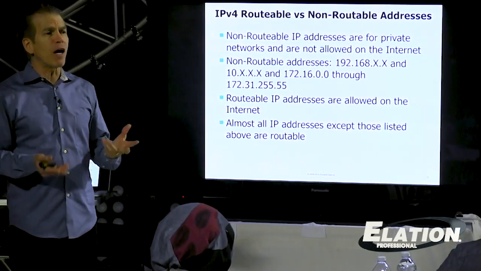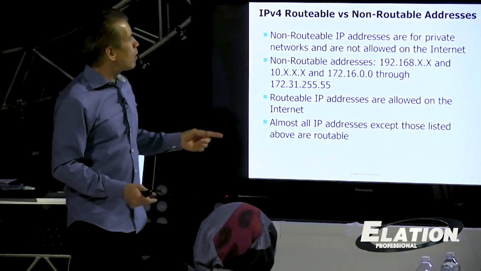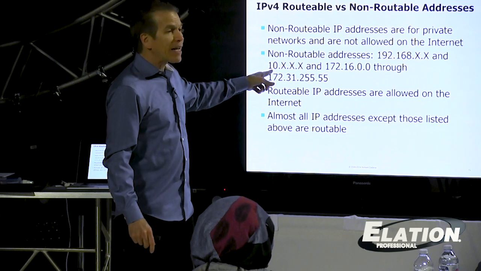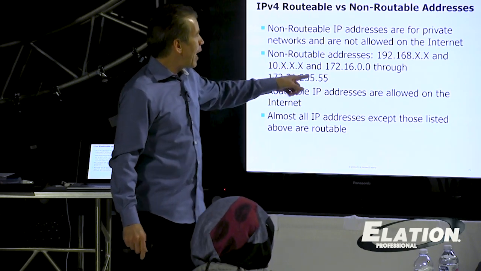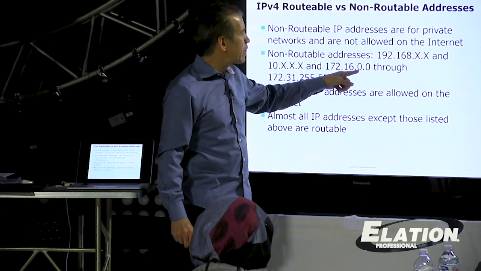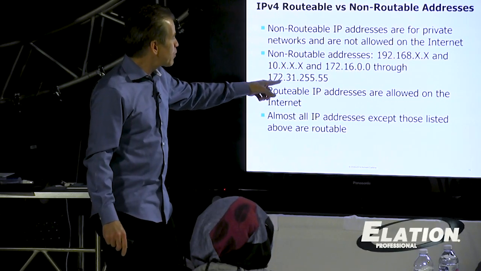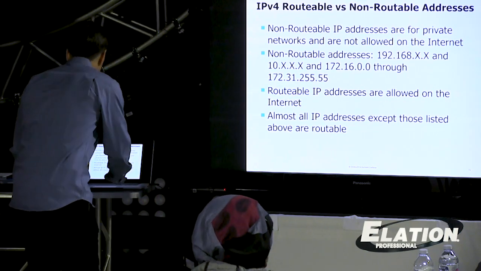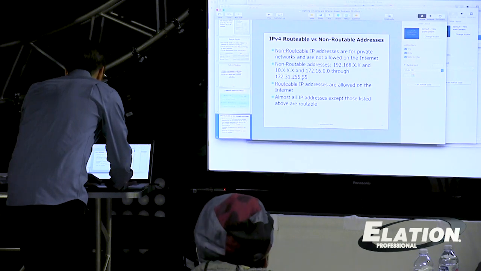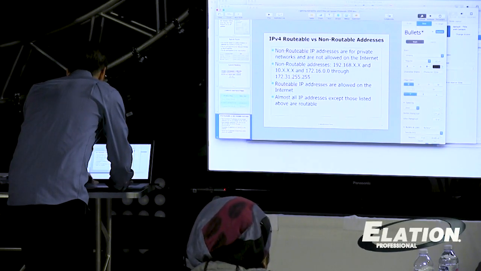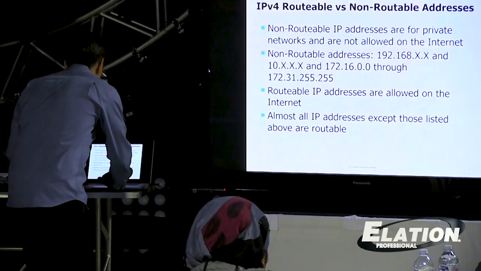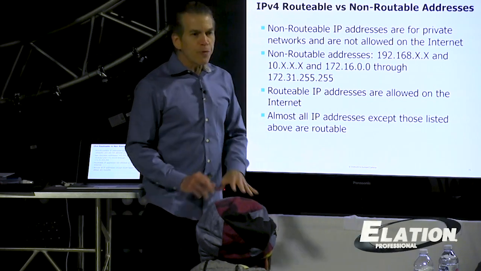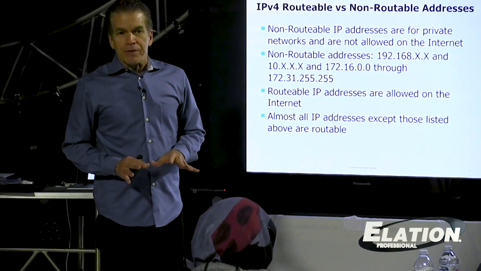There's only a handful of non-routable IP addresses, and those are 192.168.something.something and 10.something.something.something, and the more obscure 172.16.0.0 through 172.31.255.255. Those are the only non-routable IP addresses.